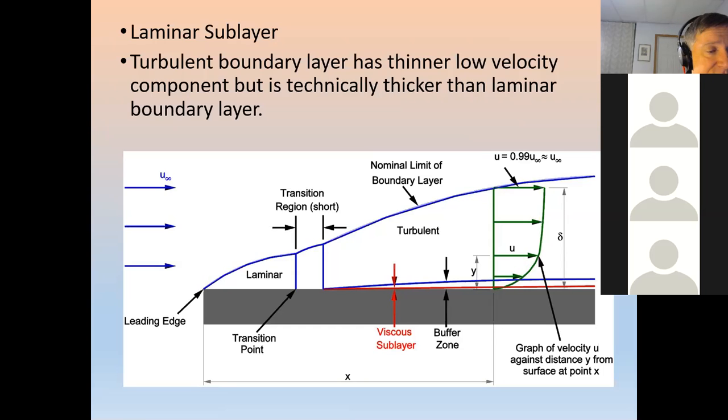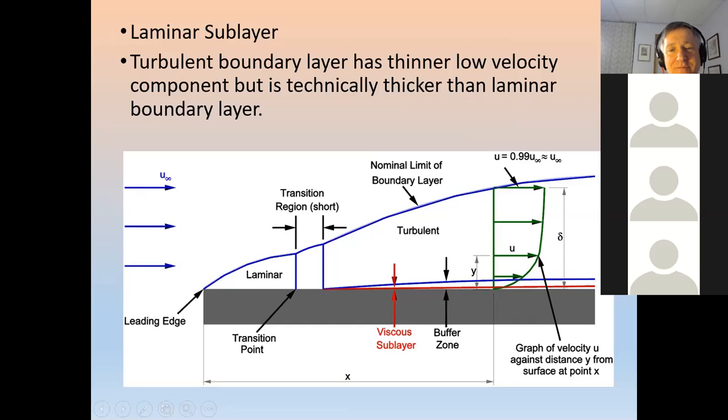So what happens is you develop laminar flow initially, then you get this transition section, which the Moody diagram sort of illustrates as well, where you get a mixed type of flow, and then you get turbulent flow. What I wanted to do was go into this other level of depth, talking especially about the laminar sublayer down here, the viscous sublayer, and the boundary layer of the turbulent flow itself.